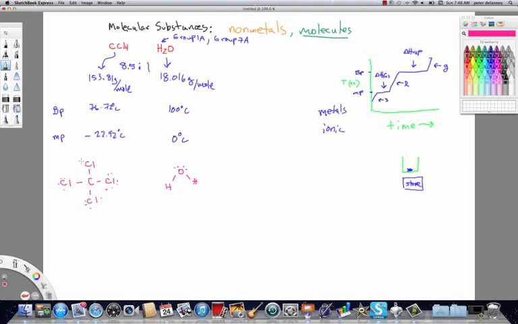you can see when you look at the two molecules that they look different, and that's because they have different structures. All right, the carbon tetrachloride is tetrahedral, and the water molecule is actually bent. We call this a bent molecule. And you can see something else about the water.